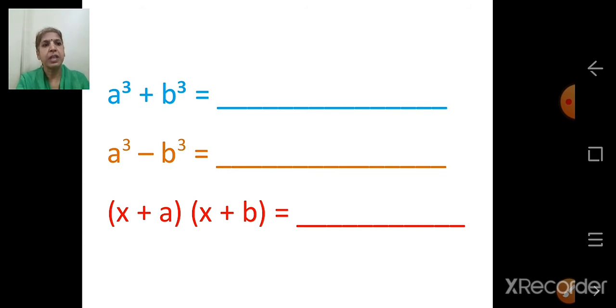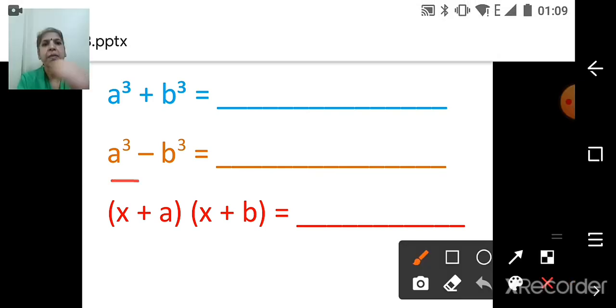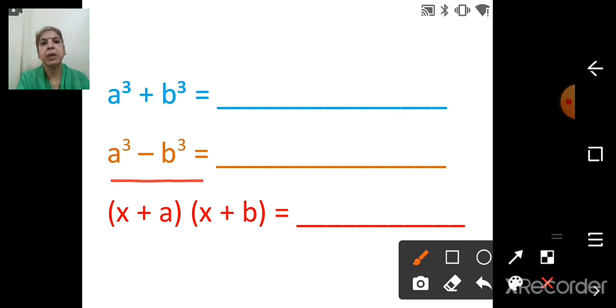And the next one is A cube minus B cube, and the answer is A minus B the whole bracket multiplied by A square plus AB plus B square. So again children, here the difference is of sign, the terms are same.